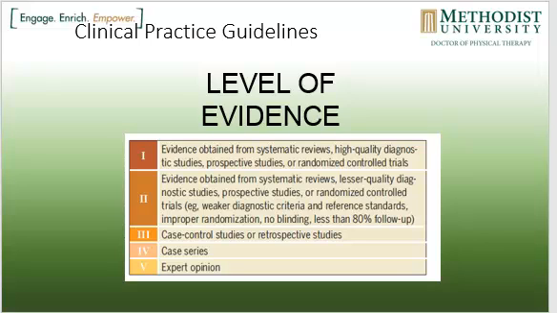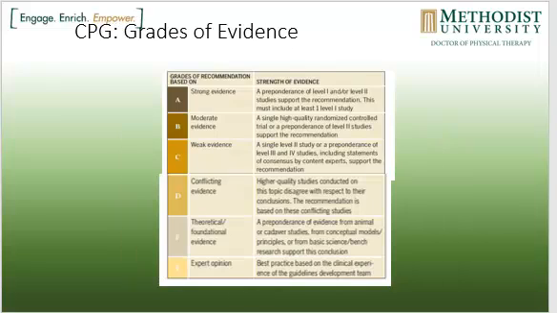So these may have no blinding, improper randomization, or less than 80% of the participants that started the test end up finishing the test. Level of evidence graded as a 3 are case-controlled studies or retrospective studies. Level of evidence 4 are case series, and 5 are expert opinions.